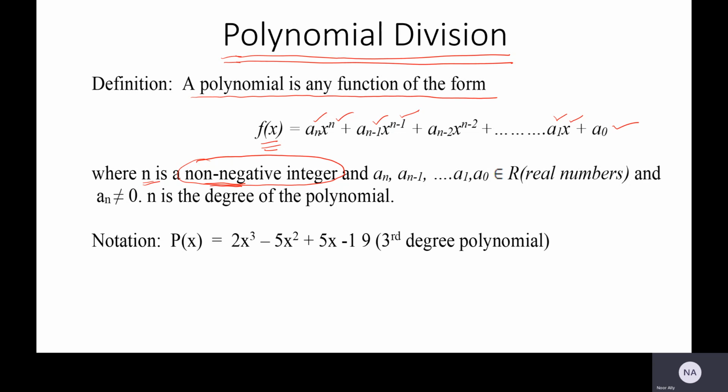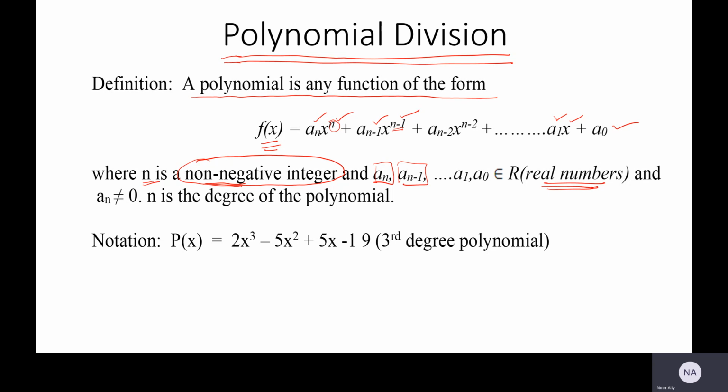So this is a non-negative integer. And look at where n is. It's in the index of x. And what is a_n, or a_(n-1)? Well, these are simply real numbers. In other words, some sort of constants.